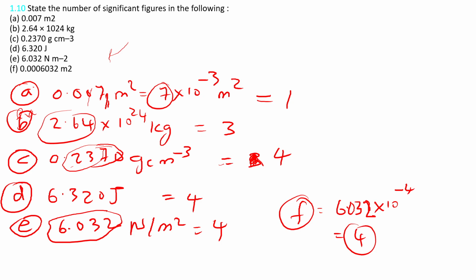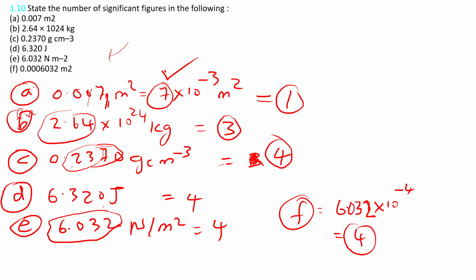So once again, I'll explain the number of significant figures here. The first one, 0.007 meter, you can write as 7 into 10 to the power minus 3. We won't consider the power of ten, only this one, so the number of significant figures is 1. And 2.64 into 10 to the power 24 kg, again 3. And 0.2370 gram per centimeter cube: after the decimal point, this 0 is valid, so the number of significant figures is 4.